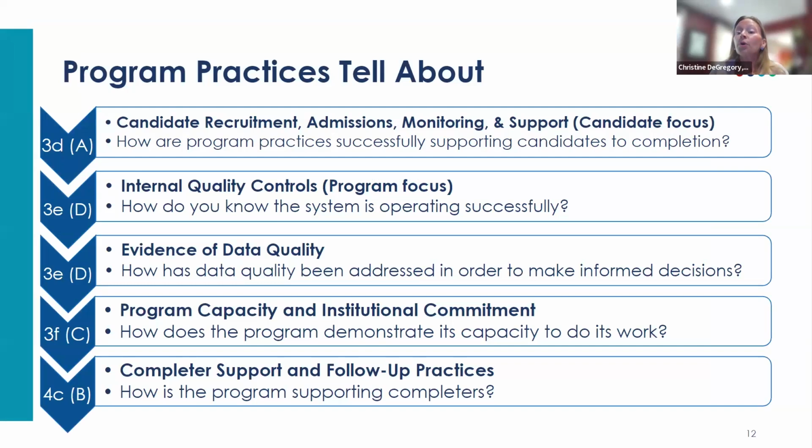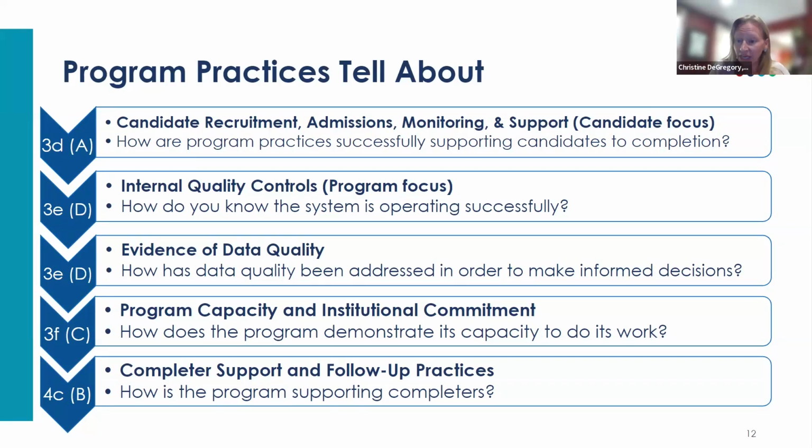All right, now let's get into why you're really here today, that documentation and evidence of program practices. So the program practices that we ask you to tell us about span these 5 topics, right? We begin with candidate recruitment, admissions, monitoring, and support. This is candidate focus, right? We switch to program focus when you dig into your internal quality controls, which answers, how do you know the system is operating successfully, right?